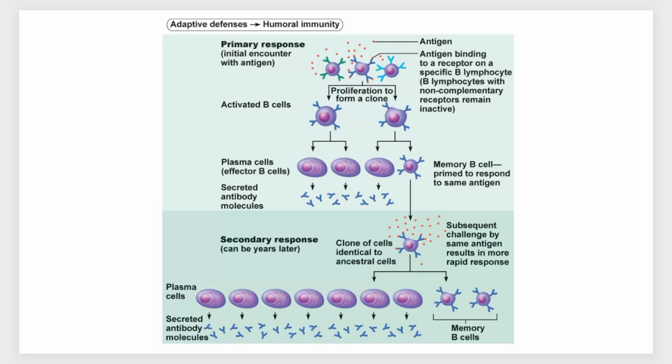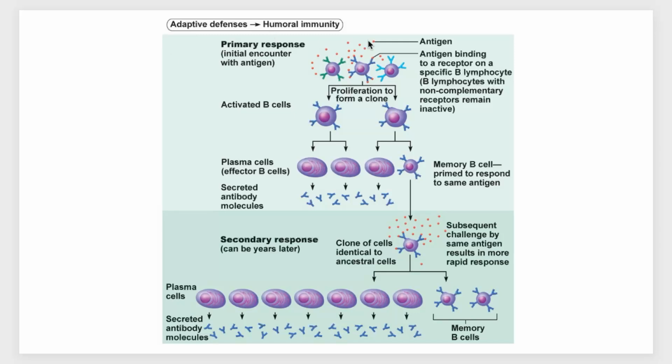So here's another way of looking at humoral immunity. The word humoral, if we think of humor, they used to have the four humors theory of health and sickness, which is incorrect, but humor just means a body fluid. So these antibodies are secreted into the fluids of the body so that antigens can be targeted for destruction.